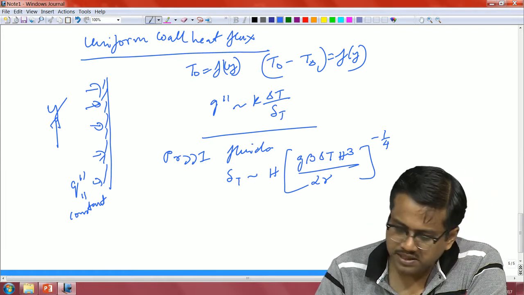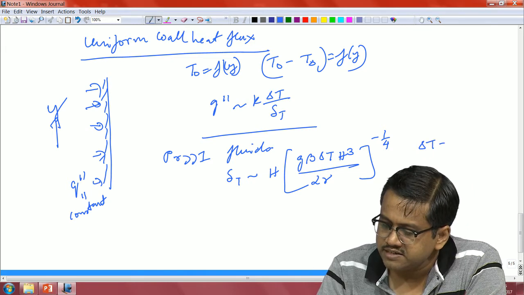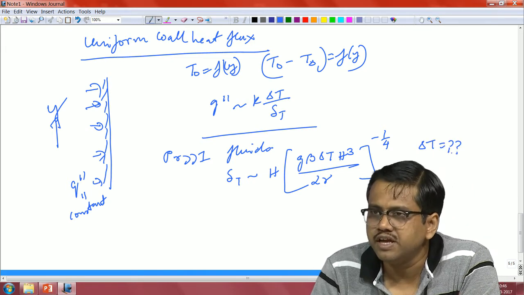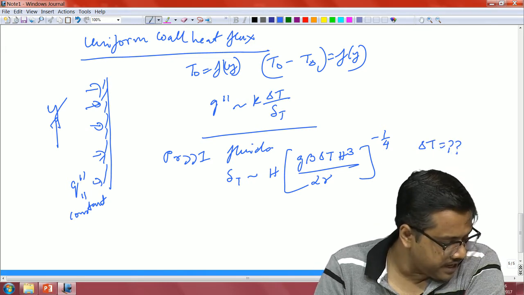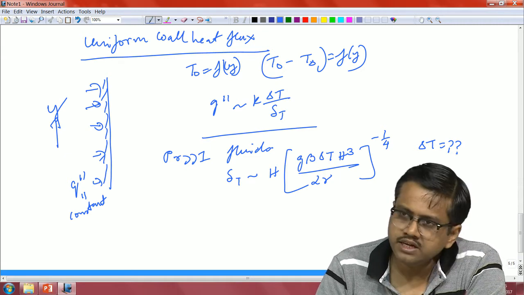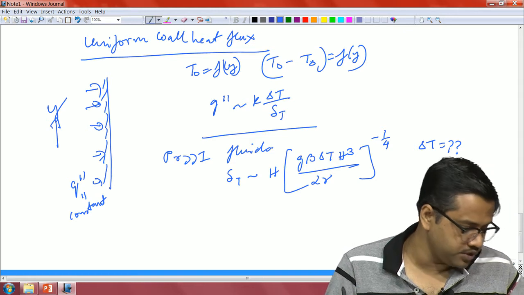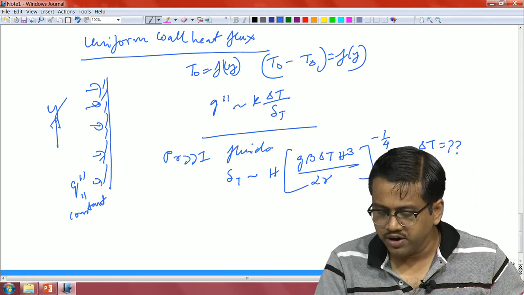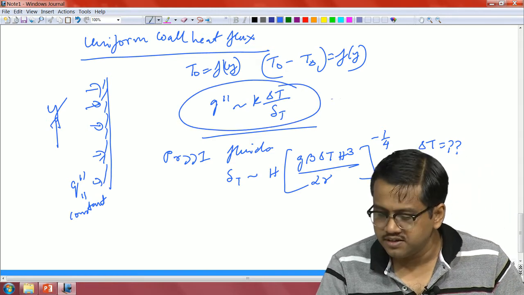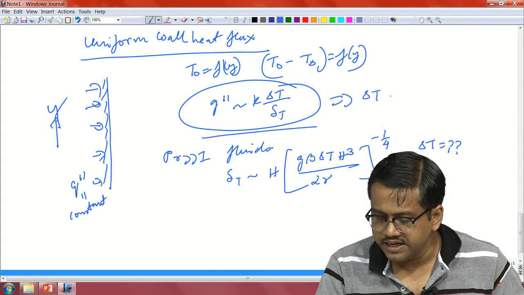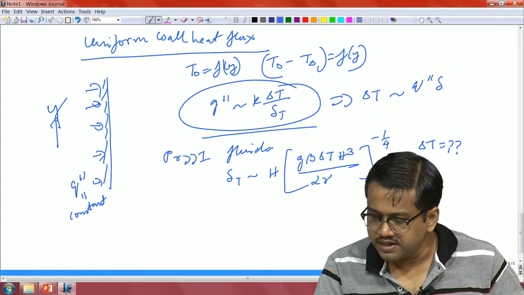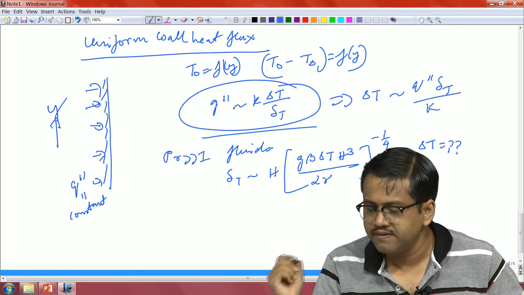Now in the present problem your delta T is a variable quantity, we do not know it. But on the other hand the Q double prime is now known. So why not use this expression, and from here delta T becomes Q double prime delta divided by k.